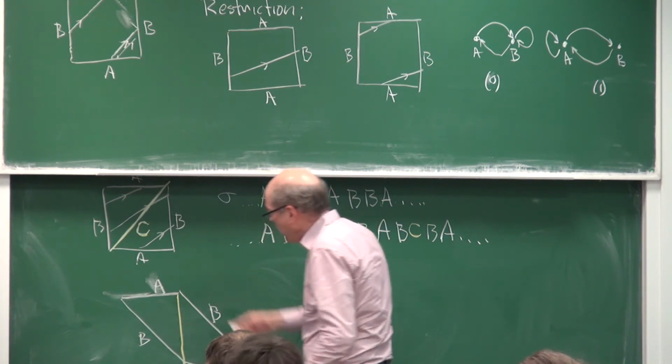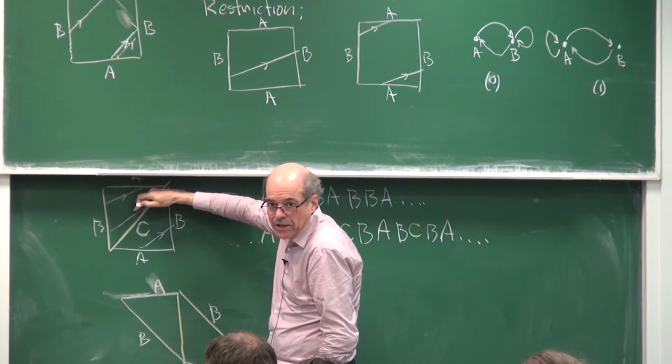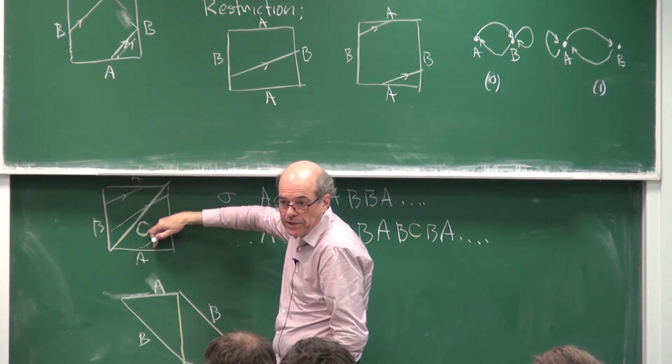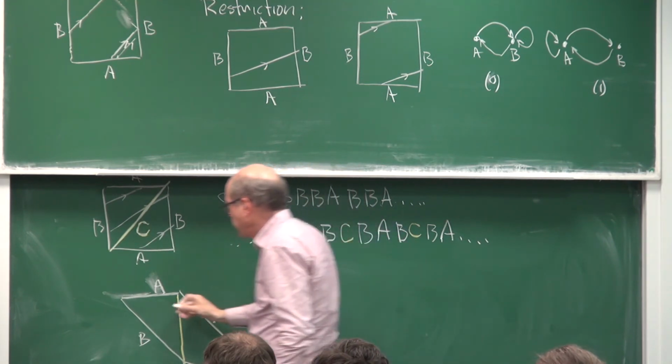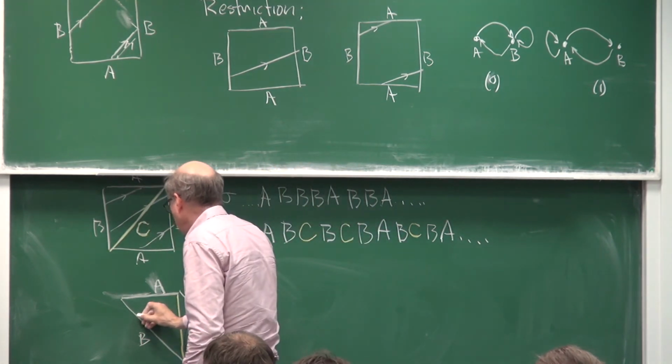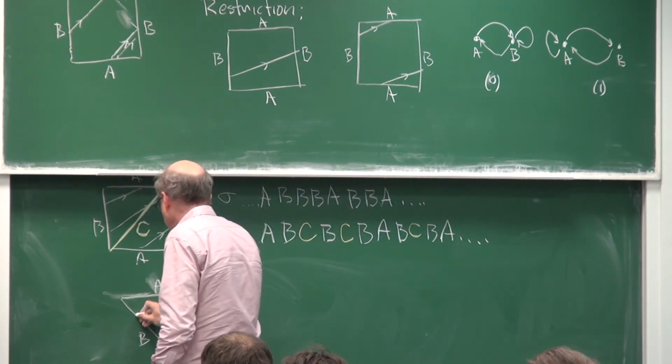And when I do this shearing, notice that my trajectory is taken to a new trajectory. The shearing is a linear map, so it preserves straight lines. So I've got a new trajectory here.